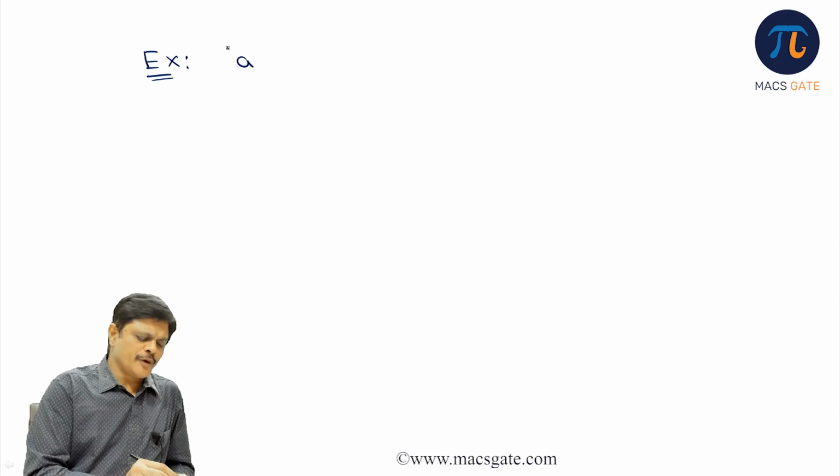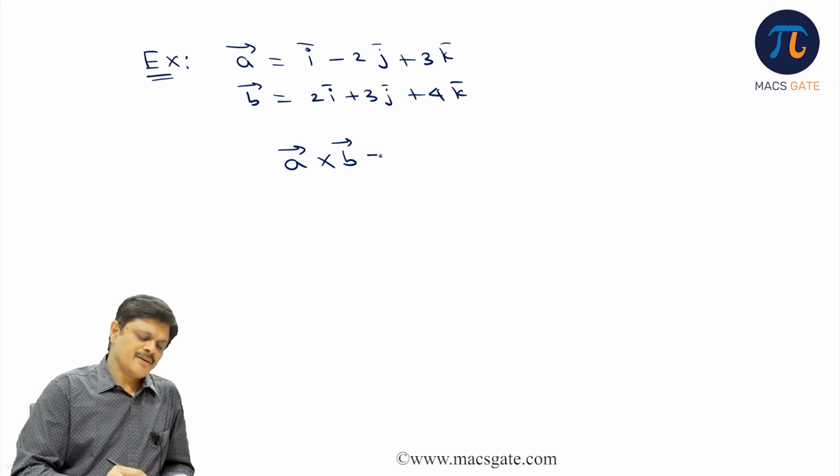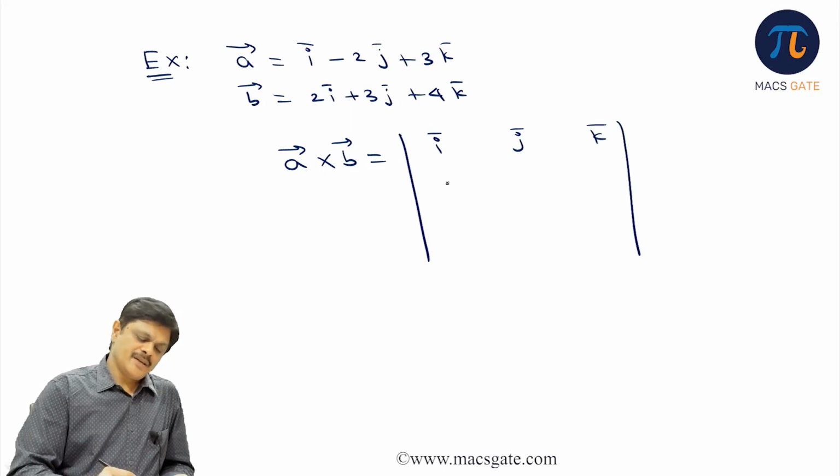For example, if I give you a bar equal to i bar minus 2j bar plus 3k bar, and b bar equal to 2i bar plus 3j bar plus 4k bar, and I want to find a cross b, we write i, j, k bar, then the components 1, minus 2, 3, and 2, 3, 4.